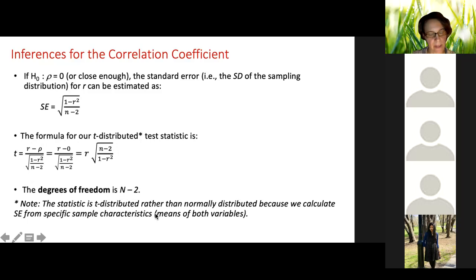So in order to calculate the correlation, you see that in this formula we have the correlation coefficient. And to calculate the correlation, we need the sample means as estimates of our population means.